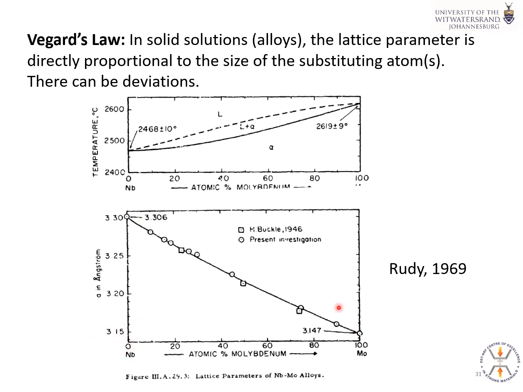And this is Vegard's law, that the lattice parameter is directly proportional to the size of the substituting atoms. There can be deviations, and it's just going to be not quite linear, but overall it will still go the same way. So that's Vegard's law, which is very useful, okay?